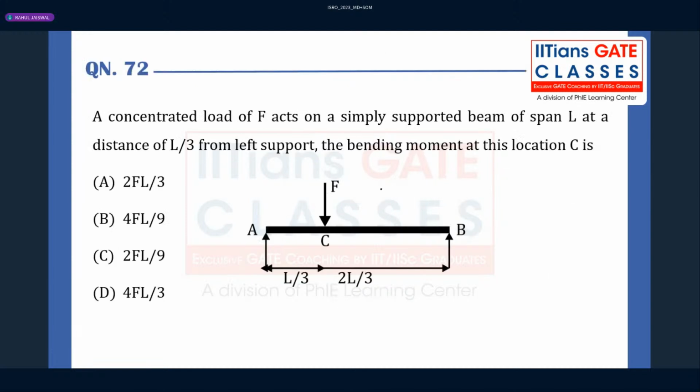Moving on to the next question. A concentrated load F acts on a simply supported beam of span length L at a distance of L by 3 from the left support.